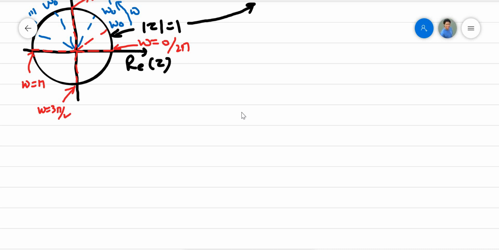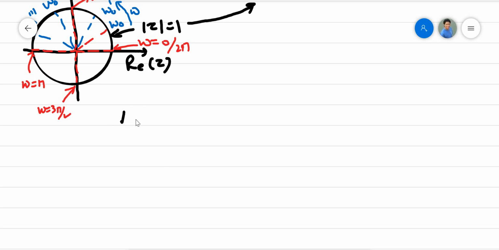We do not think about how Z will implicate its response in terms of omega, right? So that's why I have cleared this particular point, how Z transform is related with the Fourier transform, and how omega is linked with Z in terms of the unit circle.